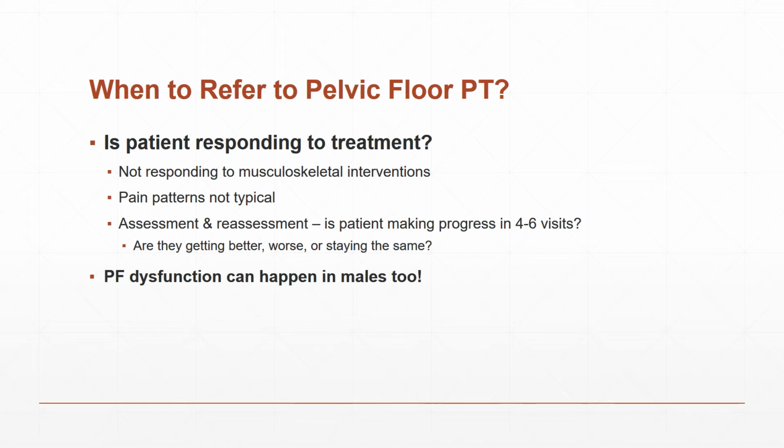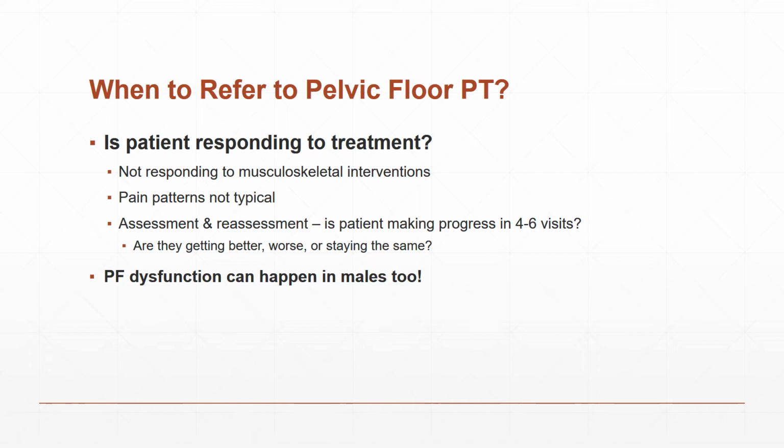So when to refer to pelvic floor PT, and we talk about how if your patient's progressing with orthopedic therapy, the typical interventions that you would be doing for hip or back pain, and if they're not responding, you'd want to reassess them within about 4 to 6 visits or 4 to 6 weeks. And if the pain patterns are not typically what you would see in a patient with, say, sciatica or a labral tear or anything like that.